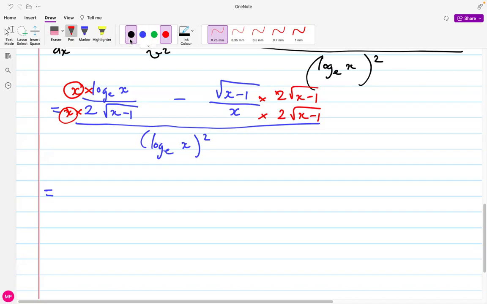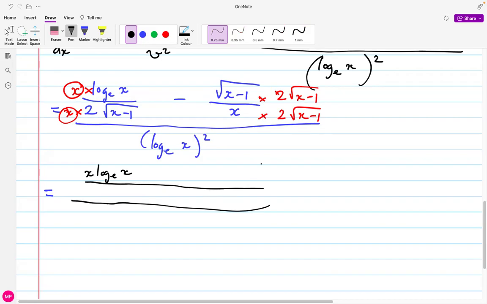Okay? So what you're left with is you have x log a of x. You can make them the same denominator now. So write the denominator as 2x times root of x minus 1. Okay.